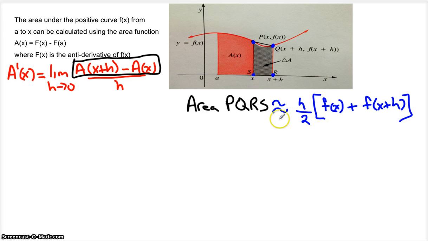Okay, so these two areas are almost the same. Well, are they ever equal? Well, as h approaches 0, what happens is these two areas approach each other. This is going to be a better estimate of this area as we shrink this as h goes to 0.